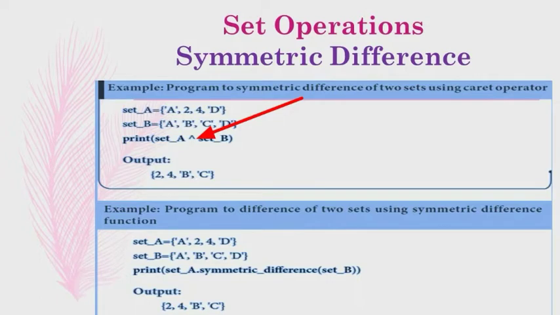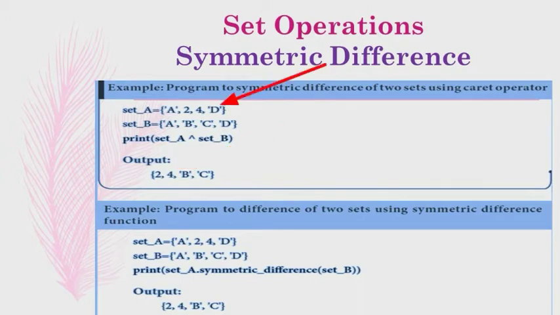See the first element A. A is available in set B also. Ignore this because this is a common element. And next see 2. 2 is an individual element. It is only available in set A, okay. So 2 will be printed, and next 4, it is available in set A, so it will be printed on the output screen.